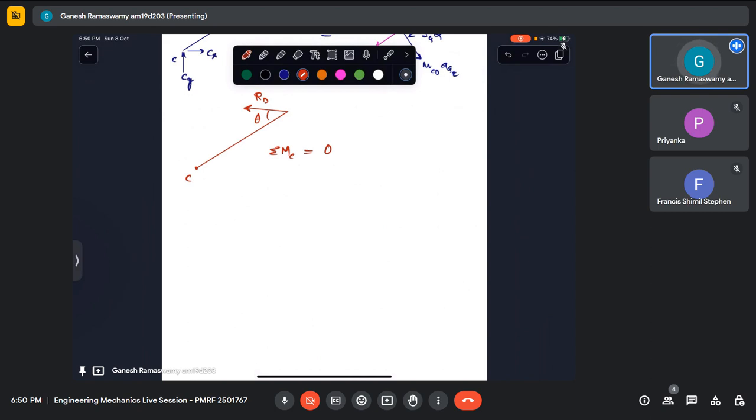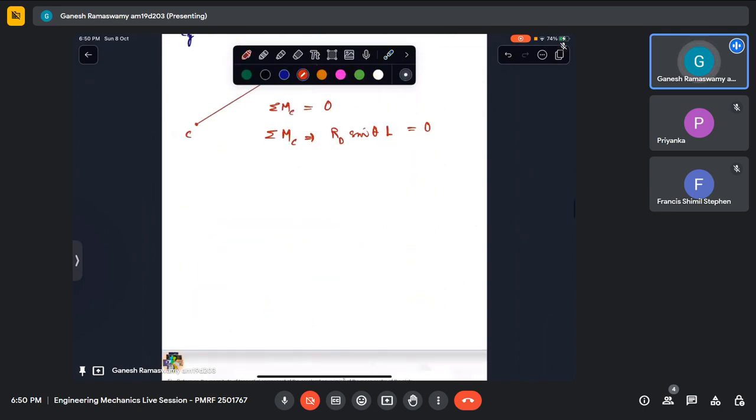In which case I can see that R_D sine theta into L would have to be 0. Now I know that the magnitude of the reaction at D is not 0. Similarly, L is not 0. So necessarily this would have to go to 0, which implies that the force can at best be only along its axis. So that is why this is a two force member.